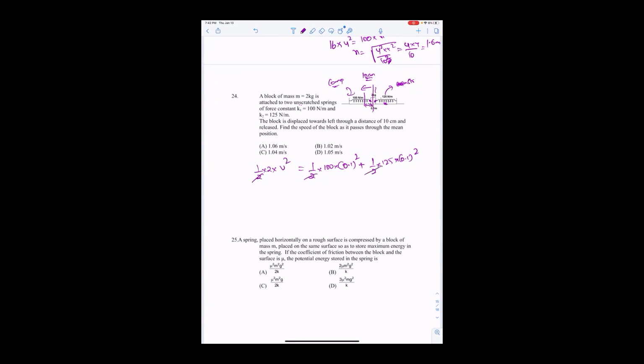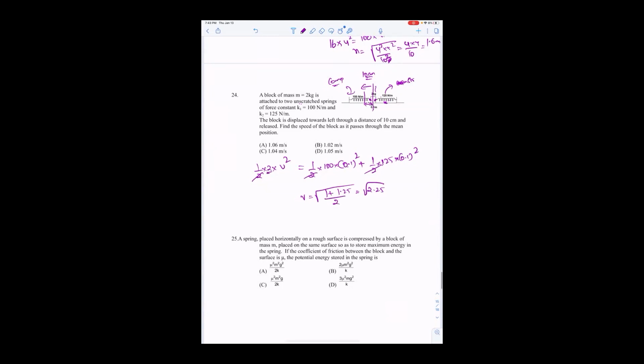So velocity: it is 1 plus 1.25, under root 2.25. Am I right? What is under root 2.25? Is it 0.25? 1.25 only, right? Another 2 is there, sorry, so divided by 2. Under root 1.12. Am I right?